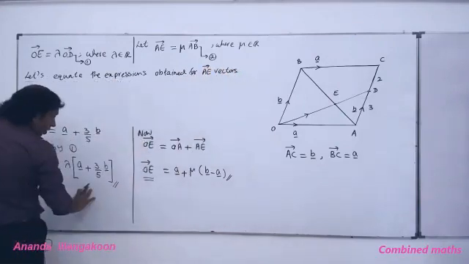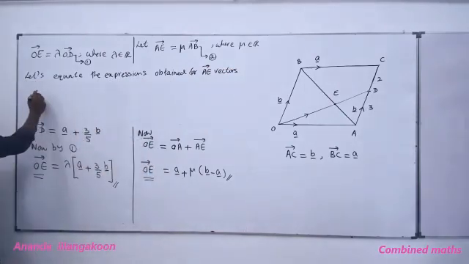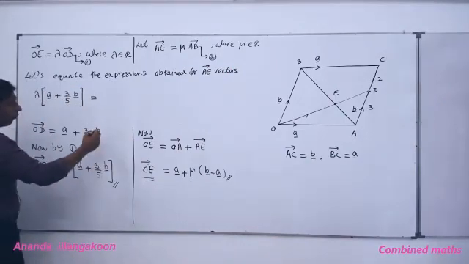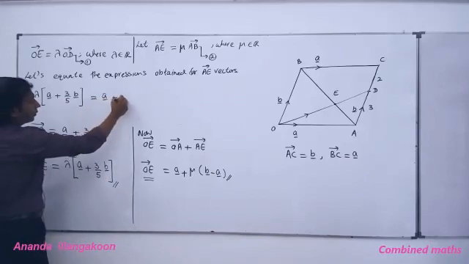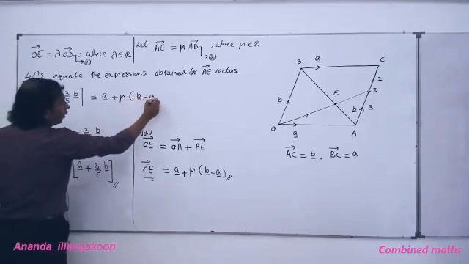That means this should be equal to this: lambda times a plus 3 by 5 times vector b is equal to a plus mu times (b minus a) vector.